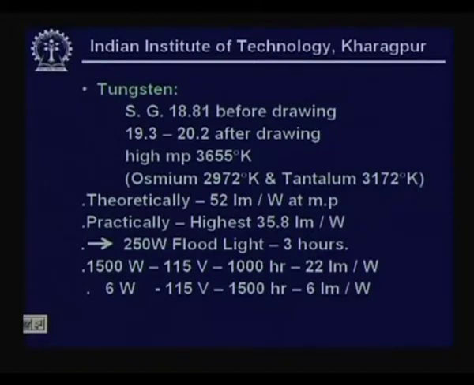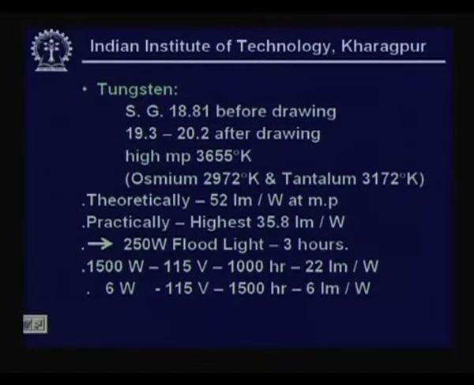If you look at the data given here, we have a 1500 watt 115 volt lamp, 115 volts mind you, with 1000 hour life and 22 lumens per watt, whereas a 6 watt 115 volt lamp has a higher life of about 1500 hours with an output of 6 lumens per watt.